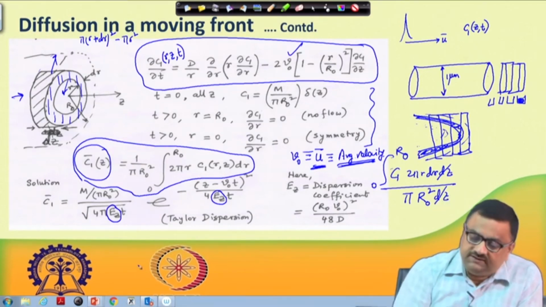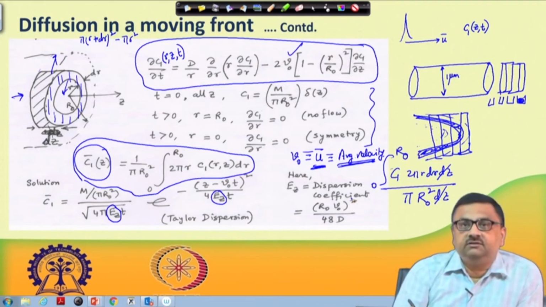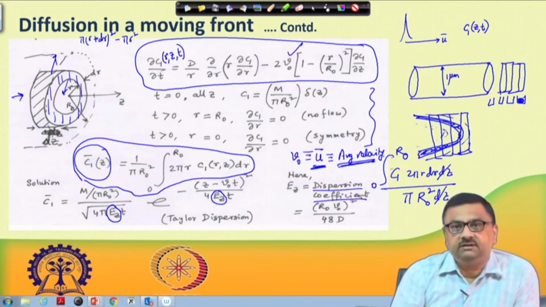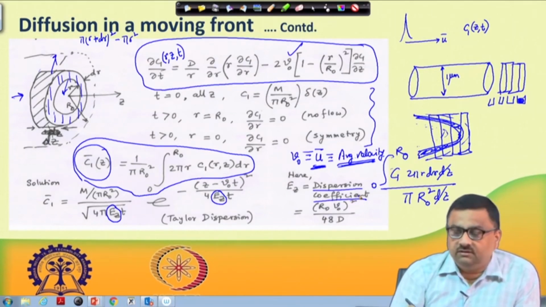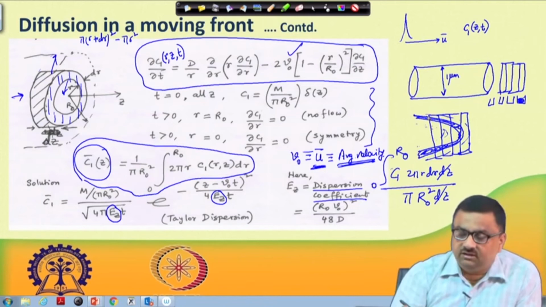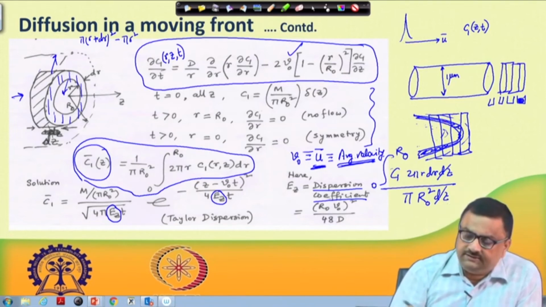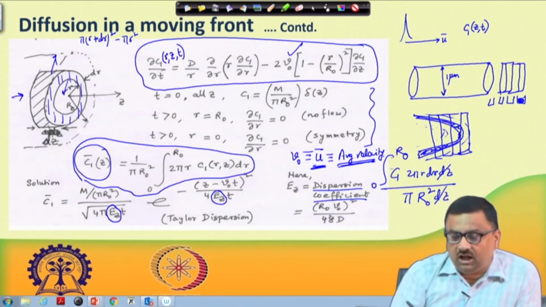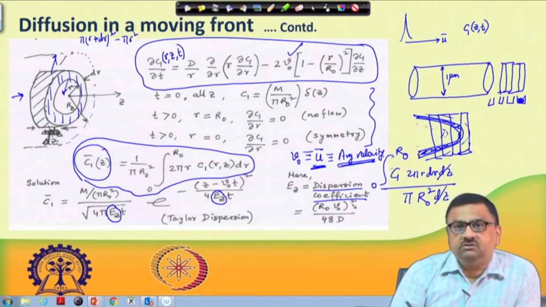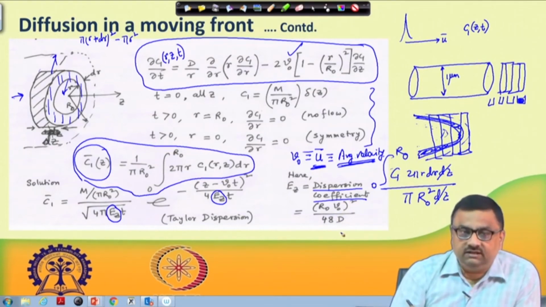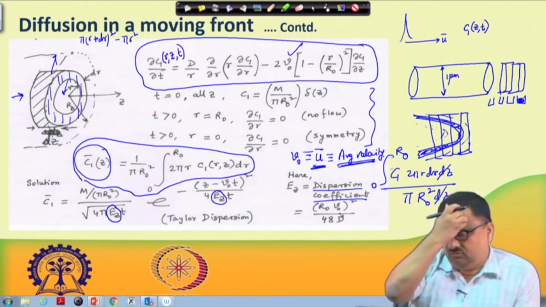Now what is Ez? Taylor found that this Ez is the dispersion coefficient. This is called dispersion coefficient, because now we are talking about dispersion. It is not diffusion, because we have flow plus diffusion. Flow has already put its signature here by stretching the pulse itself, and this dispersion coefficient is r naught v naught whole square divided by 48 D. So, what does this mean?